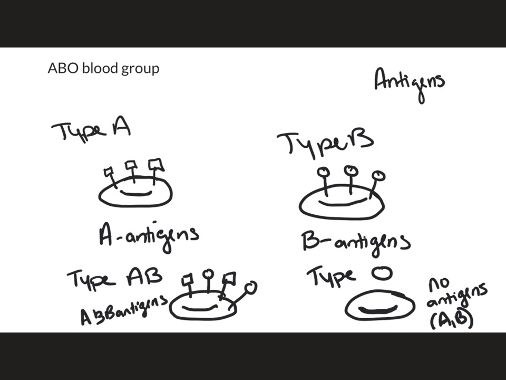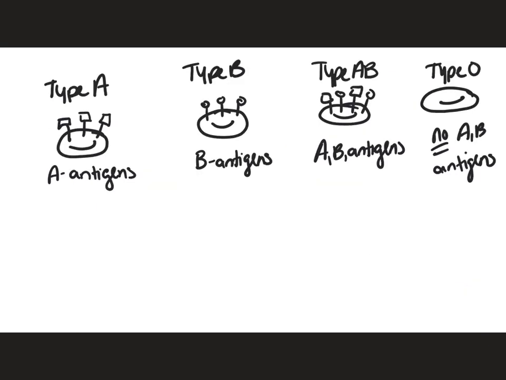Now we're going to talk about the antibodies found in the bodies of the different blood types. Okay, so now hopefully you're familiar with the antigens that are found on the red blood cells of each type of blood, okay? So these are red blood cells, again, just to refresh.